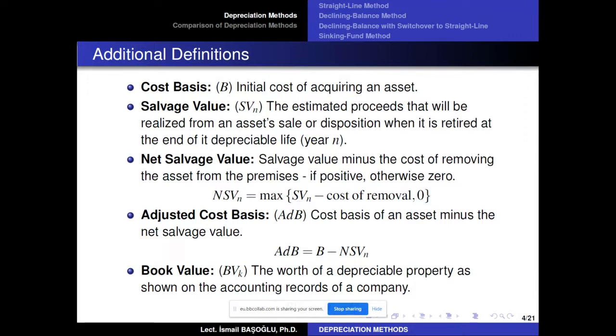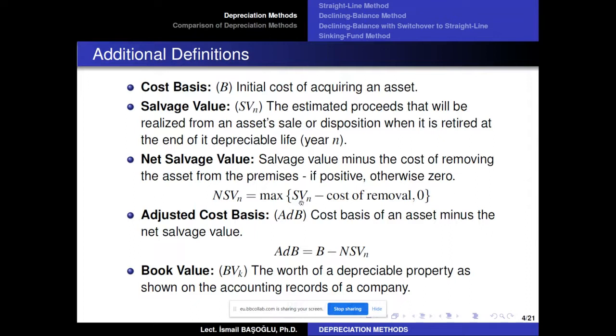The amount that you get as revenue from the disposal can be the salvage value. However, in the disposal process, there may be costs of removal which are even larger than the salvage value itself.